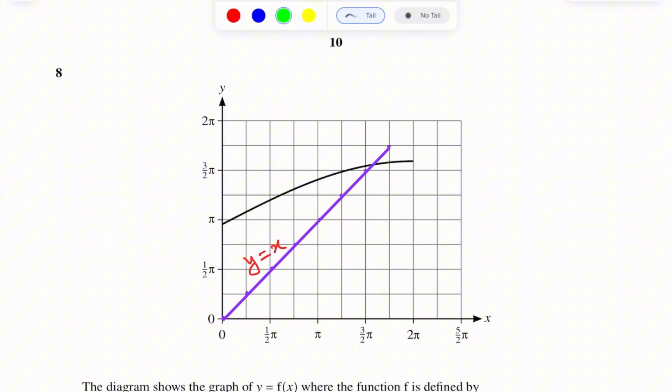Now we will reflect this graph in this y is equal to x. The graph of f inverse x will be this graph.